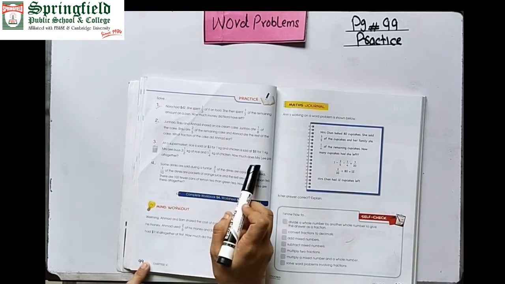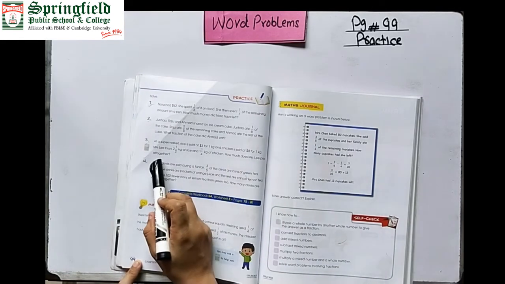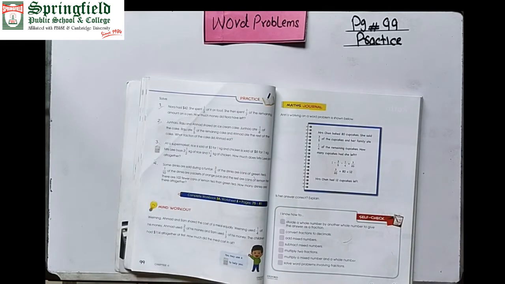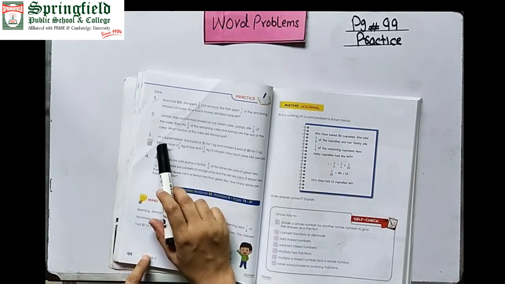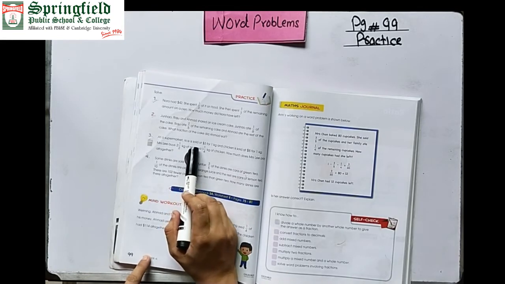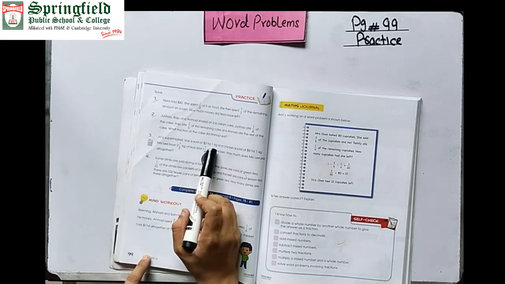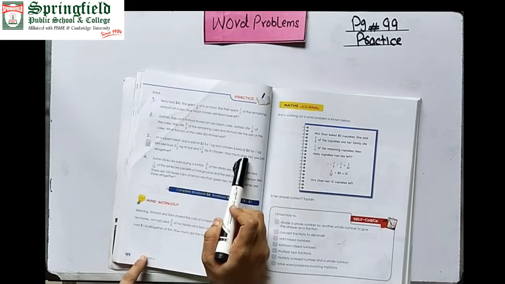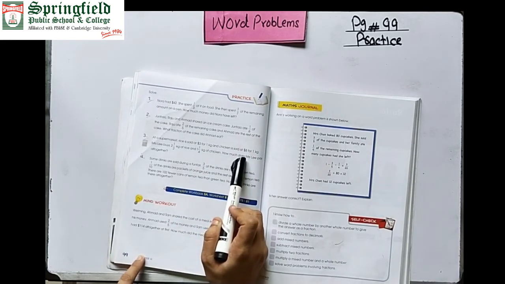How much does Mrs. Lee pay altogether? Altogether means we will add at the end in the last step. Fine. Okay, at a supermarket, the rice is sold at $3 for 1 kg, and chicken is sold at $8 for 1 kg.